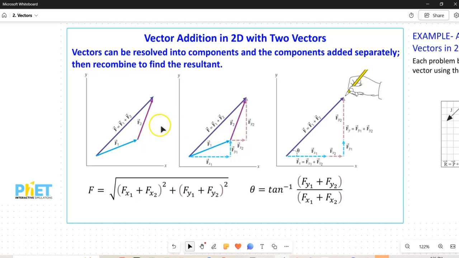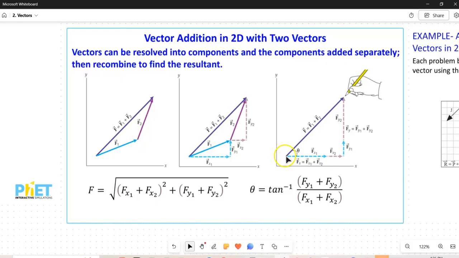Now, if you do that for F2, you take the x direction component and add it to the y direction component. Now, to get the overall resultant vector of F1 plus F2, we're going to take those two x direction components and add them together, and we're going to take the two y components and add them together.